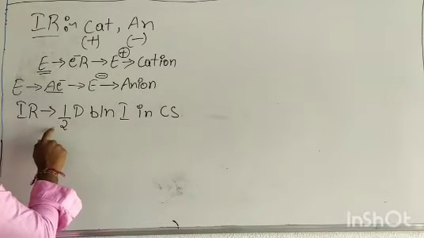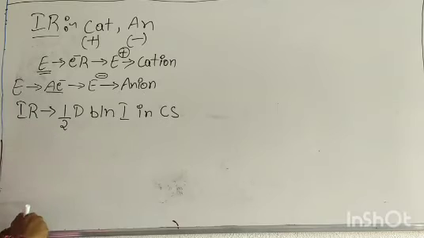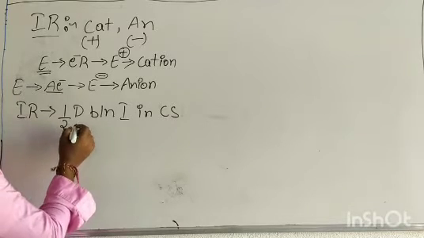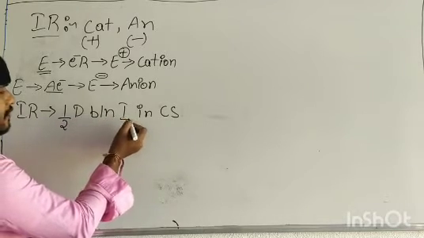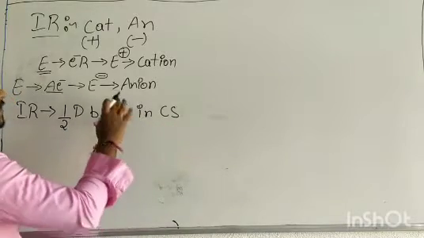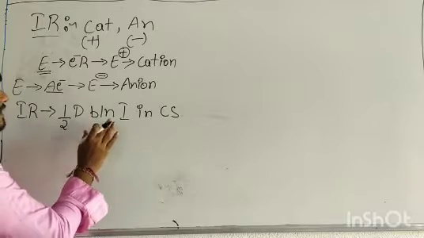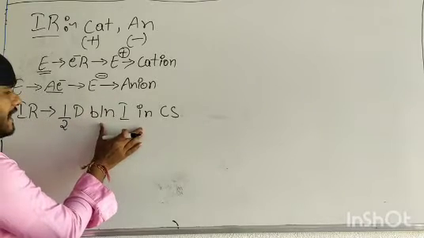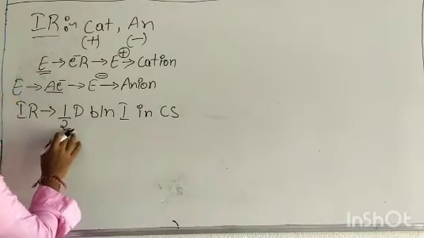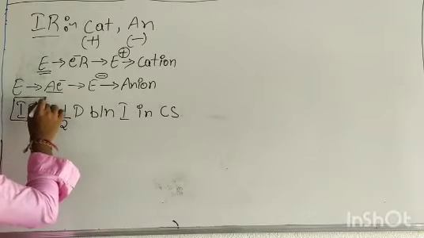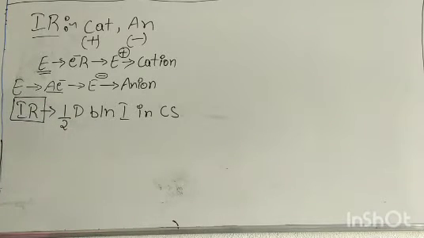That is considered the ionic radius. Ionic distance means the distance between the ions in the crystal system. If you divide the ionic distance by 2, that means you are halving the distance between the ions in the crystal system, and that is called the ionic radius.